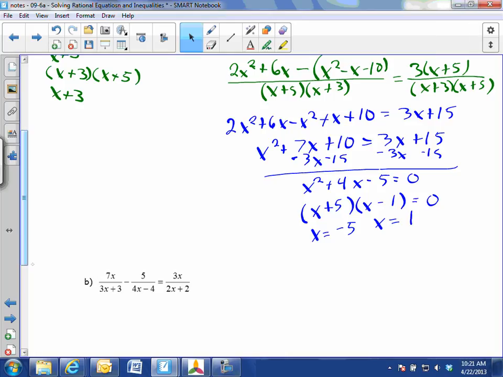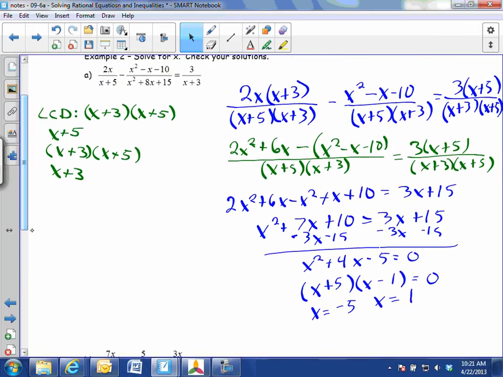Negative 5 doesn't work because in the first fraction you don't define the fraction. Always check your answers for extraneous solutions. Up here, if I put in negative 5, negative 5 plus 5 is 0. Why does that not work? It's undefined. So let's remove the extraneous one. Would it be all negatives? No, not all negatives. Because if you have a negative 5 in x plus 3, that works.